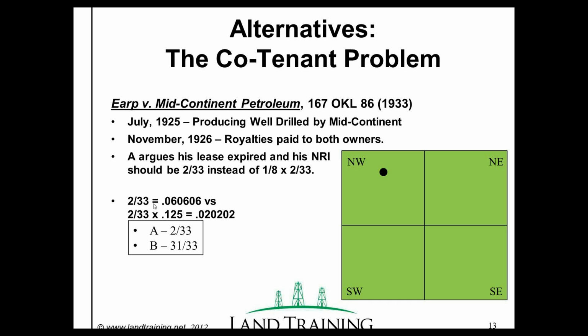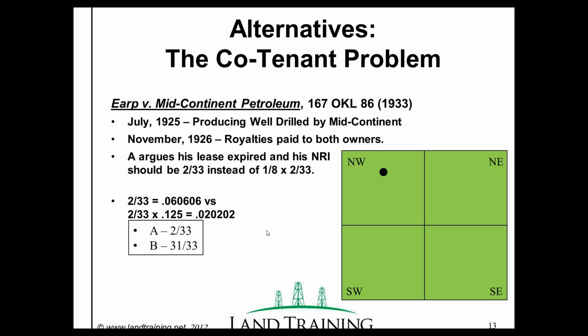So therefore, I should only have to pay or get paid a 2/33, not reduced by this 0.125, this 1/8 royalty. So you see he's going to get a 0.04 more because his interest is not going to be diluted by the 1/8 royalty. Okay, that's the case, Earp versus Mid-Continent.